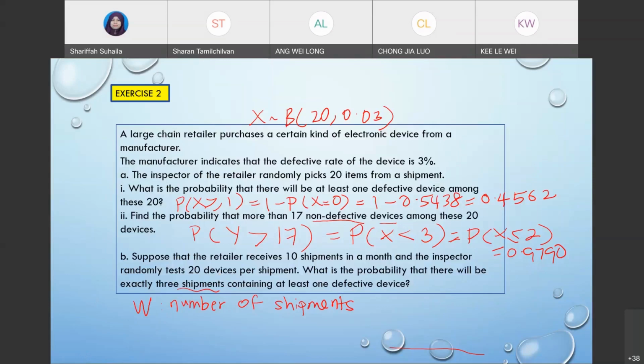So that means you have your W binomial, and the number of shipments you have is 10.